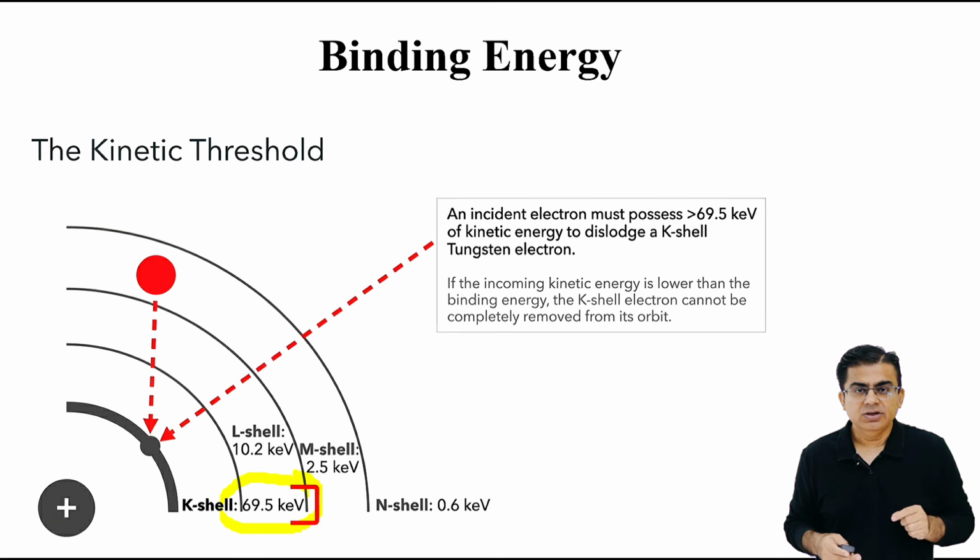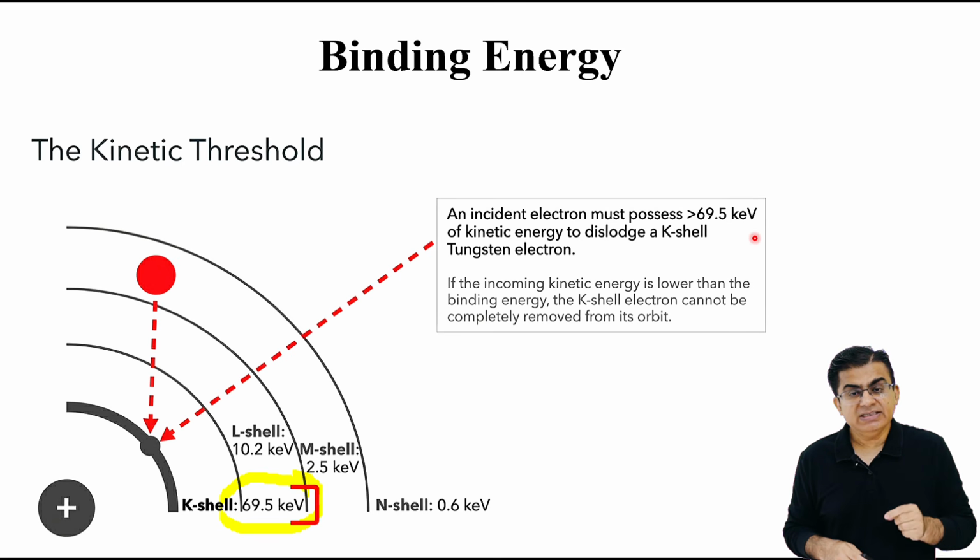Now look here carefully. This red dot is an incoming electron. It is approaching this inner K-shell electron and wants to dislodge it from its position. If this incident electron wants to completely eject this K-shell electron, it must possess a kinetic energy strictly greater than the binding energy of this electron.